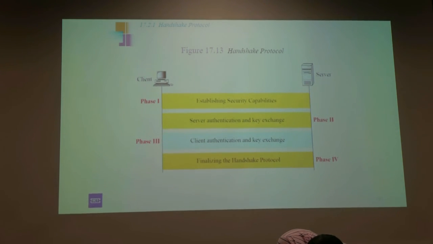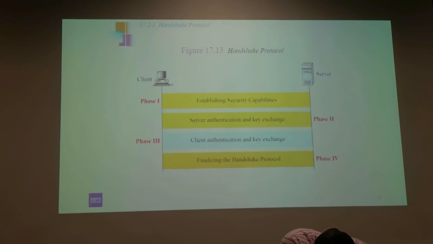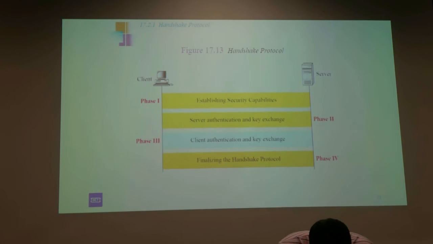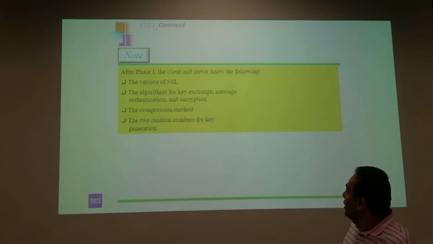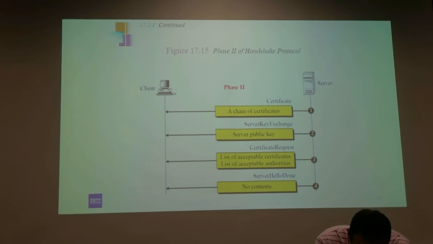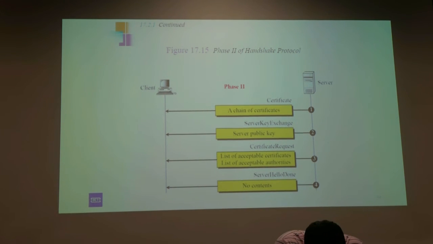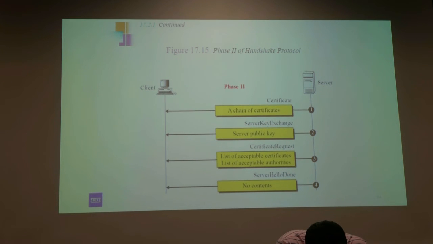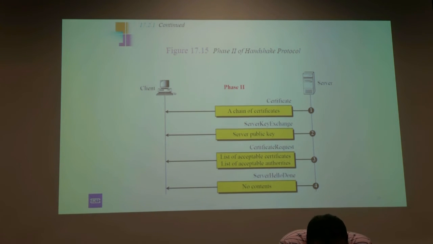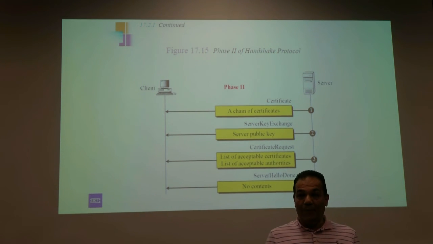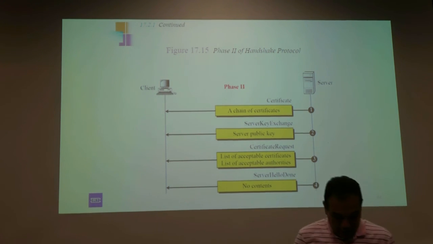The server may require the client to authenticate itself. Then the server hello done, the last message in phase 2, is a signal to the client that phase 2 is complete. So what happened at the end of phase 2? Two things.